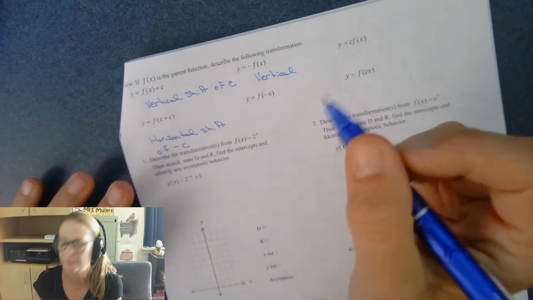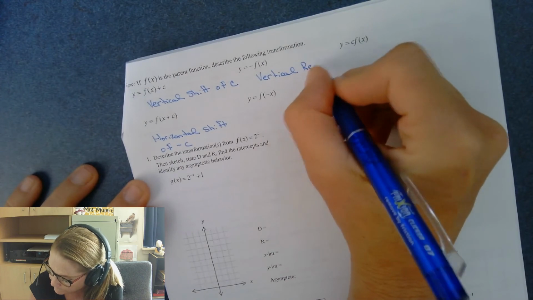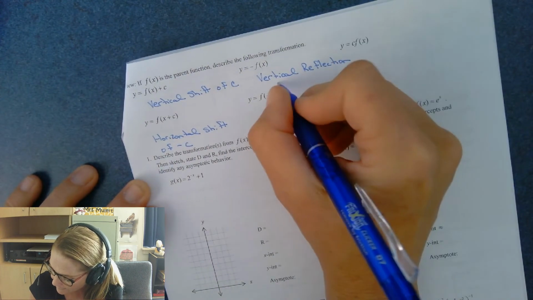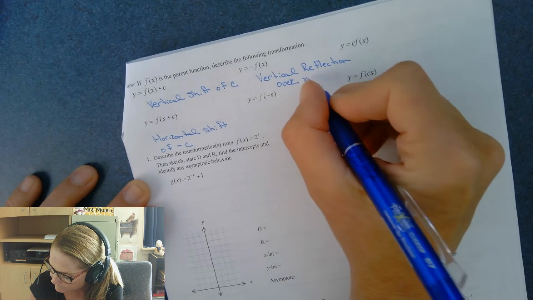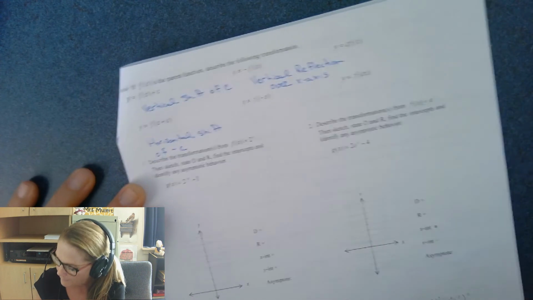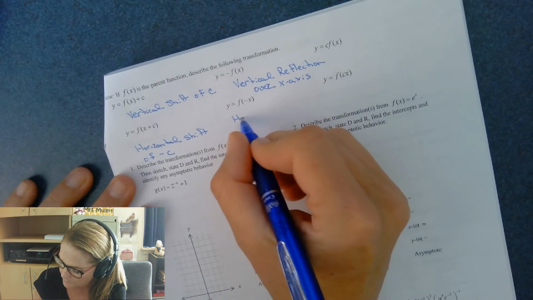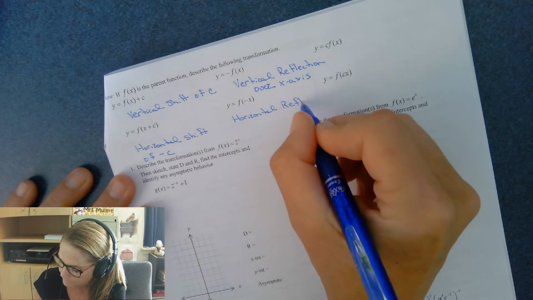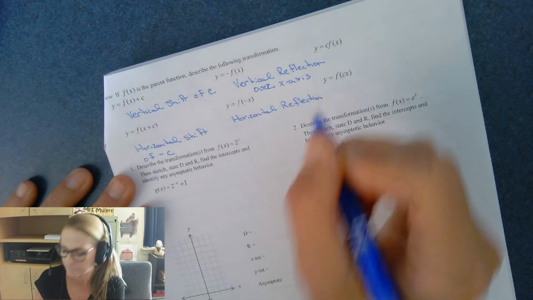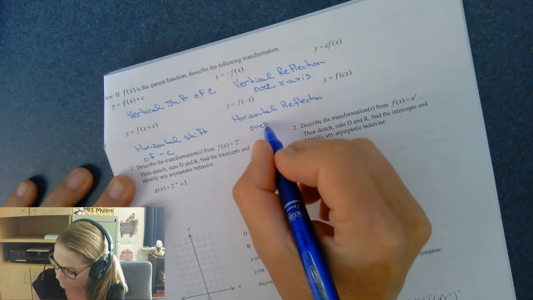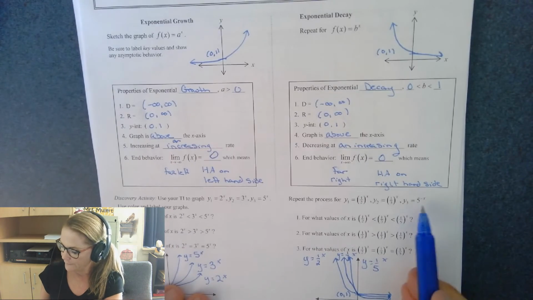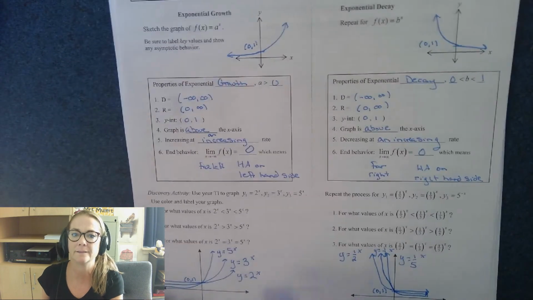So this is a vertical reflection over x. Okay, and whereas this one is a horizontal reflection over the y-axis. It's happening in the function, which is why this is a horizontal flip.